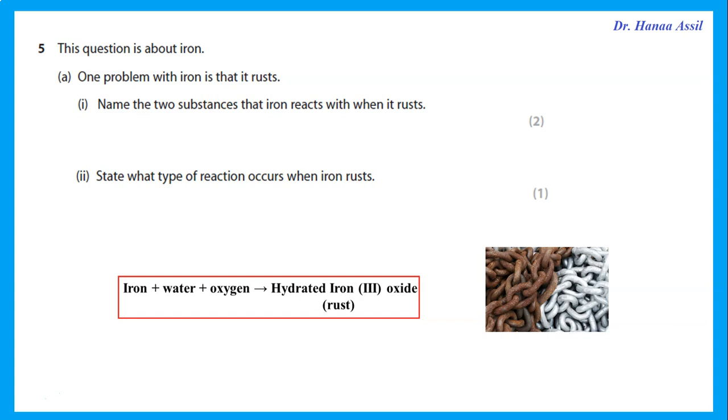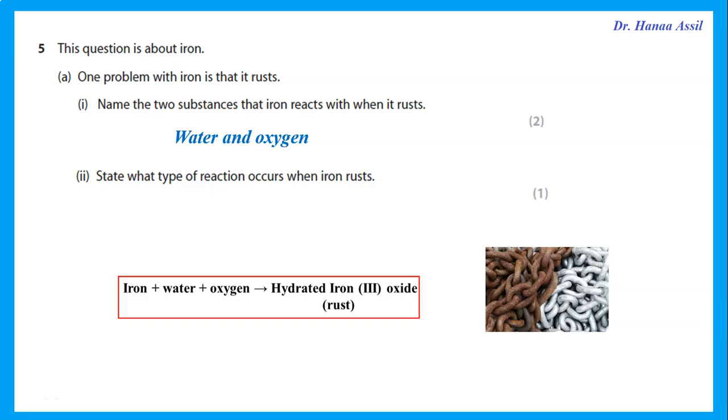Remember, the iron reacts with what? With water and oxygen to form what we call rust. And if we are asked for the chemical name of rust, rust is actually hydrated iron(III) oxide. So the two substances that the iron reacts with when it rusts are water and oxygen.